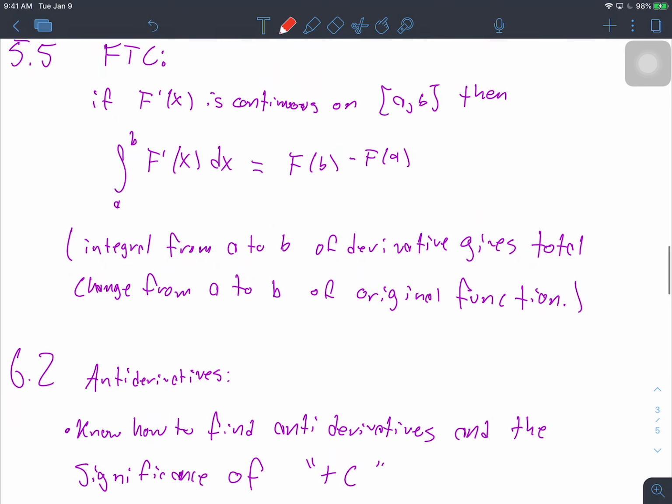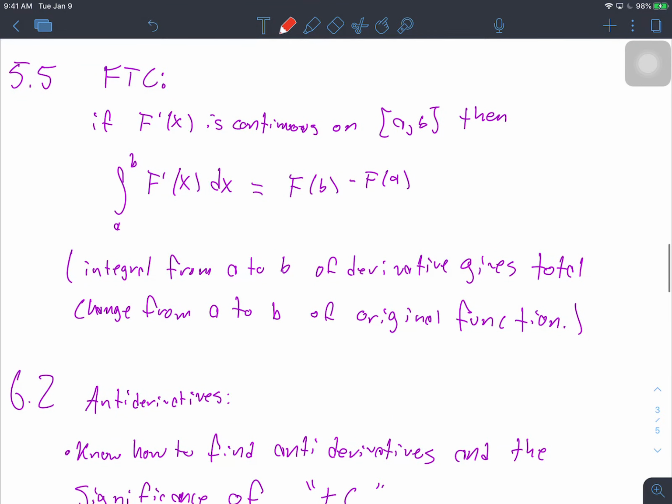5.5 was fundamental theorem of calculus light. Okay, and they said that if we have some function capital F of x and its derivative capital F prime of x is continuous on [a, b], then the integral from a to b of capital F prime of x dx equals capital F of b minus capital F of a.